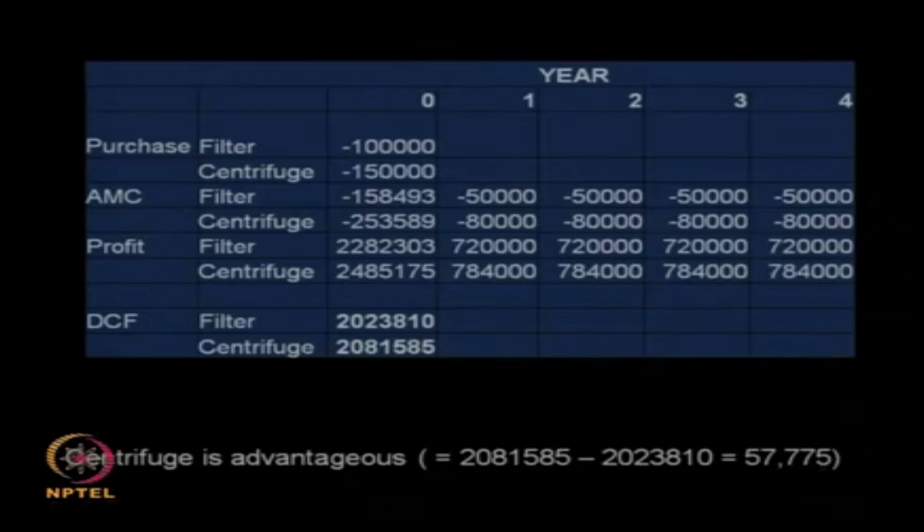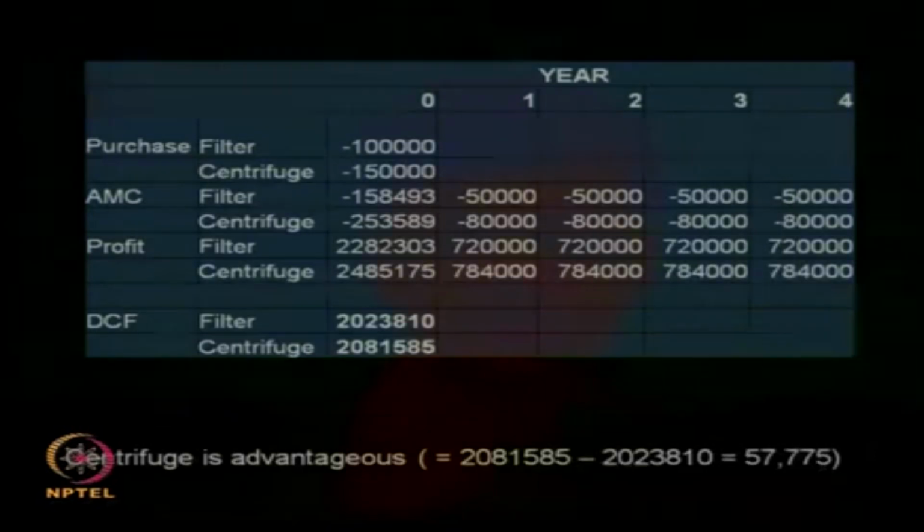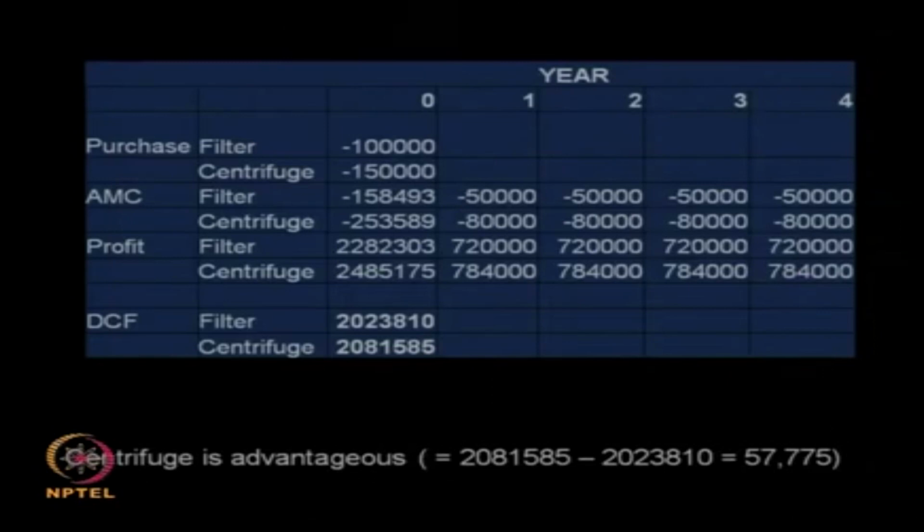So it is advantageous to have a centrifuge. Although the cost of the centrifuge is more and the AMC is more, you are going to get more profit every year because of the centrifuge, and if you bring all of them down to today's value, you end up with an advantage for the centrifuge in the order of 57,775.